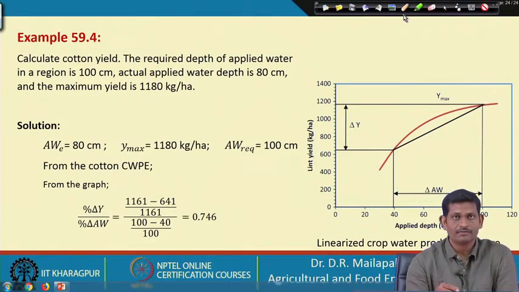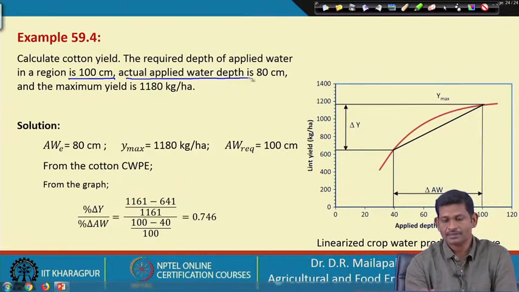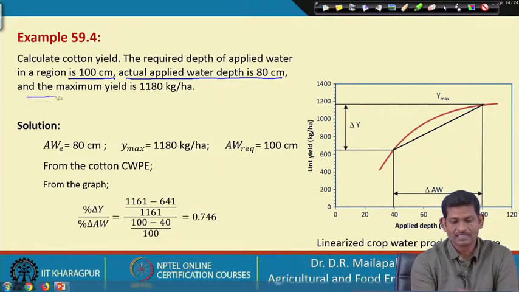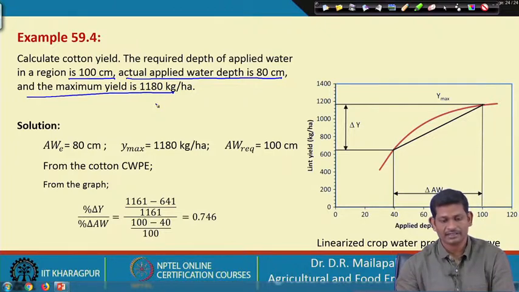Example 4: to calculate the cotton yield, the required depth of applied water in the region is 100 centimeter, the actual applied depth AWE is 80 centimeter, and the maximum yield is 1180 kg per hectare.